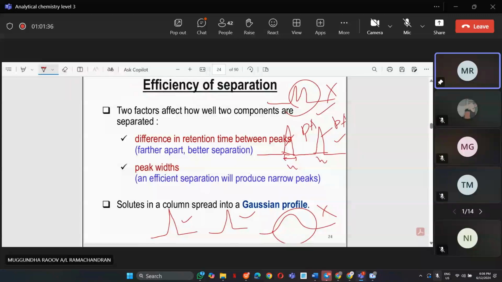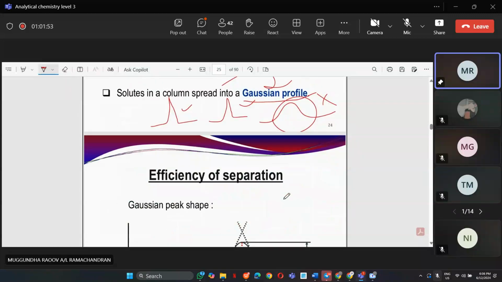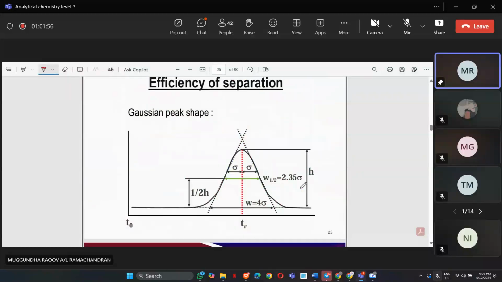So this difference between the retention times, meaning how far apart each compound is, and how well the peak is resolved, like how narrow the peak is, all falls under the Gaussian profile. According to the Gaussian profile, this is the ideal theory of the Gaussian peak.